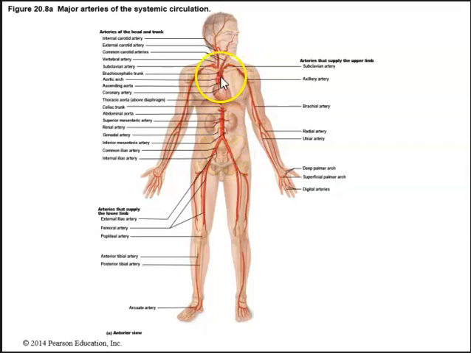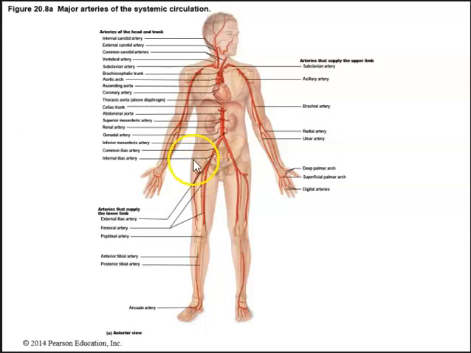The branches of the aortic arch give blood supply to the head, neck, and the upper limbs, and then the descending aorta, or the thoracic aorta, gives blood supply to the thoracic structures. And then once it passes through the diaphragm, the muscle that separates the thorax from the abdomen, it becomes the abdominal aorta, which will then give blood supply to organs within the abdomen, and then bifurcate into the common iliac arteries, right and left, giving blood supply to the structures within the pelvis.